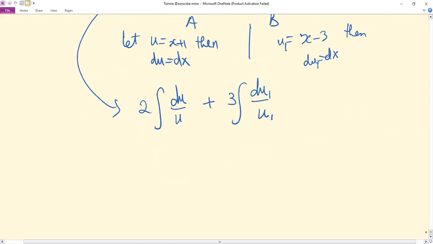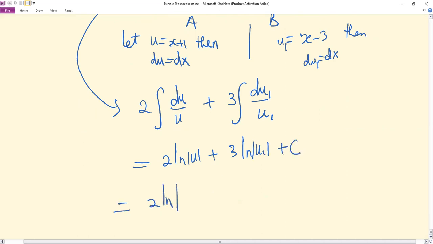And then this will give us 2 ln of u plus 3 ln of u1 plus c, which will be just 2 ln of x plus 1 plus 3 ln of x minus 3 plus c.